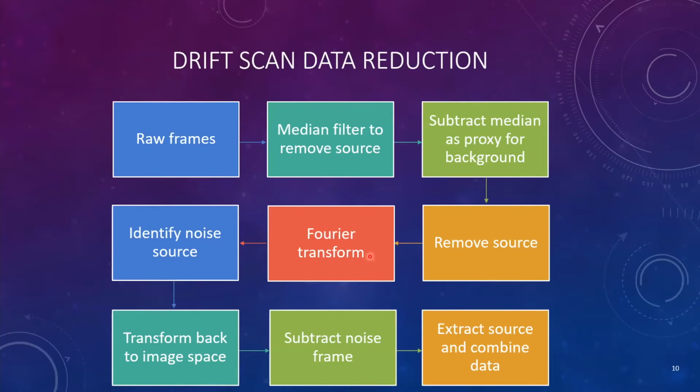So how did we go about reducing our drift scan data? Well, we had our raw frames. We take a raw frame and produce a median filter of 5 spatially separated frames, so that we can remove the source from it. That median frame can be used as a proxy for the background. We can take those subtracted frames and remove the source that is there.